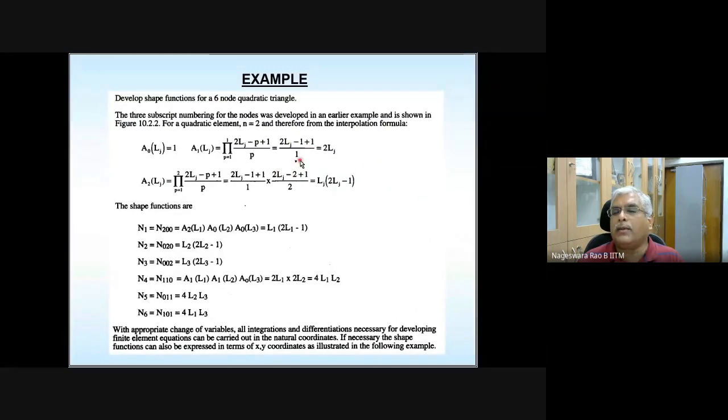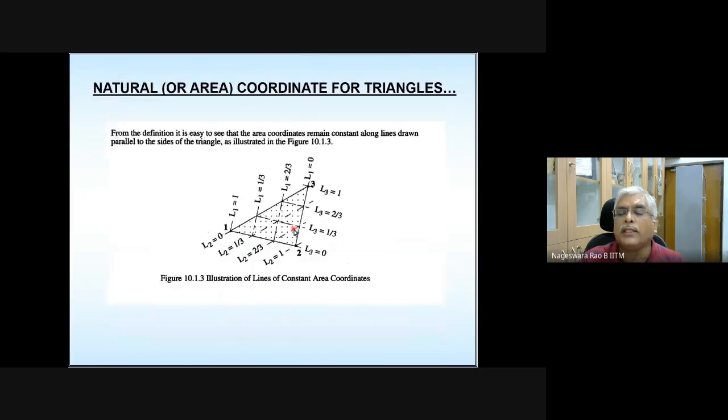So L1, L2, L3 after getting for node 1, node 2, node 3, node 4, node 5, node 6, this formula is applied. And then these are the expressions for N1, N2, N3, N4, N5, N6. And please note that these expressions here are in terms of L1, L2, L3. What is L1, L2, L3?